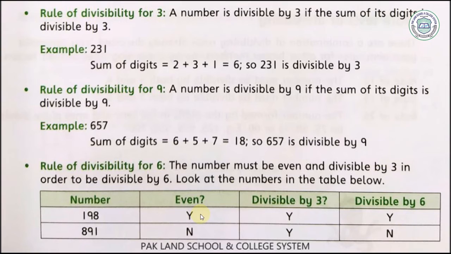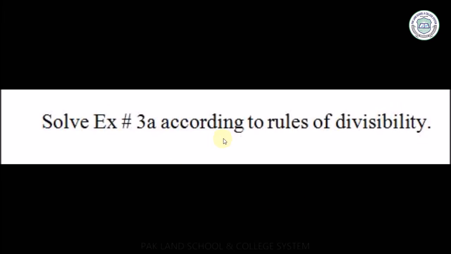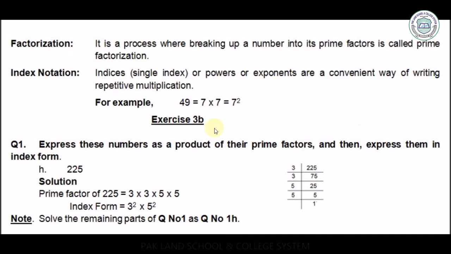If a number is both even and divisible by 3, then it is also divisible by 6. For example, 891 is even, no, and divisible by 3, yes, but it is not divisible by 6 because the rule of 6 is not fulfilled. Solve exercise 3 according to the rules of divisibility.